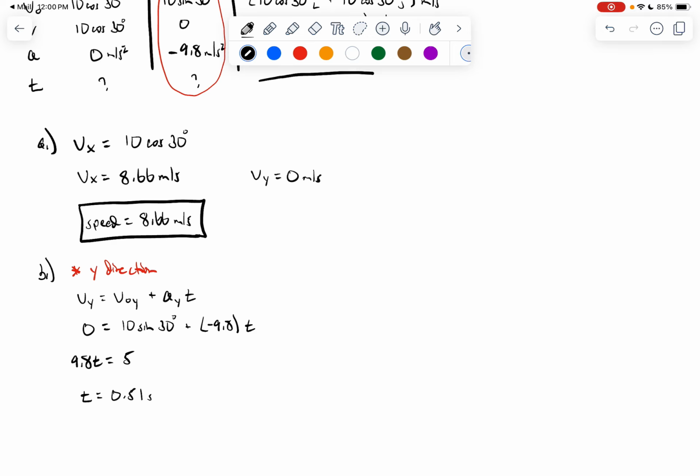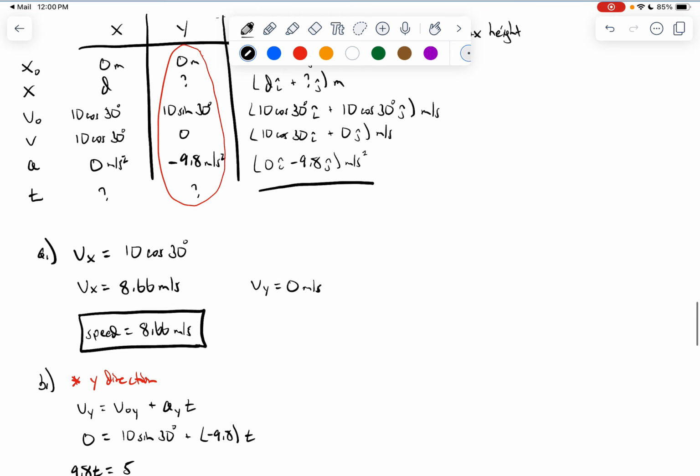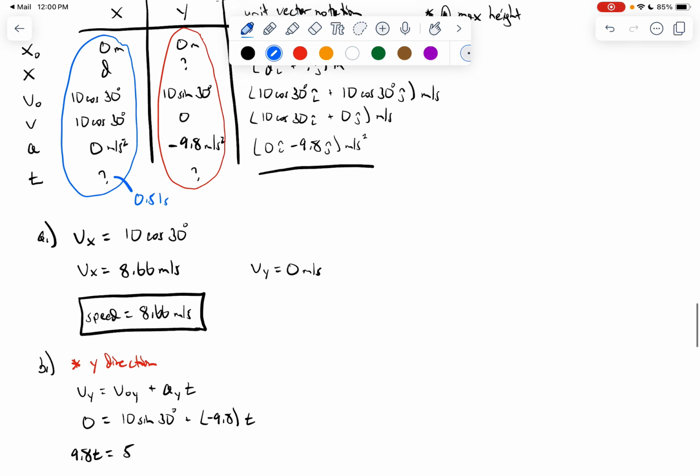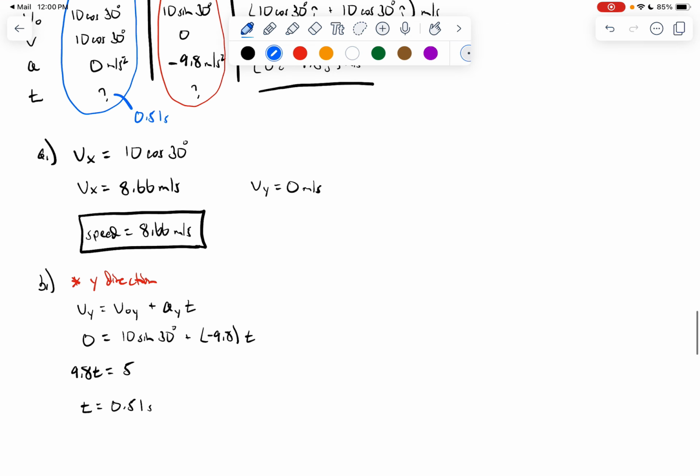So now that we have our time of 0.51 seconds, we can then look at our x direction here, using values where we now know this time is 0.51. And to figure out how far we travel, again, we have time information, we have acceleration information, initial velocity.